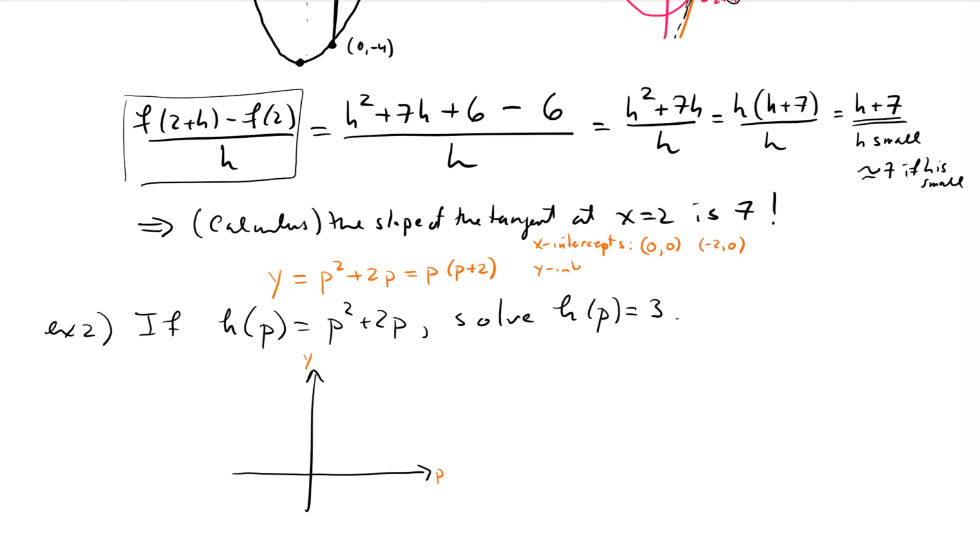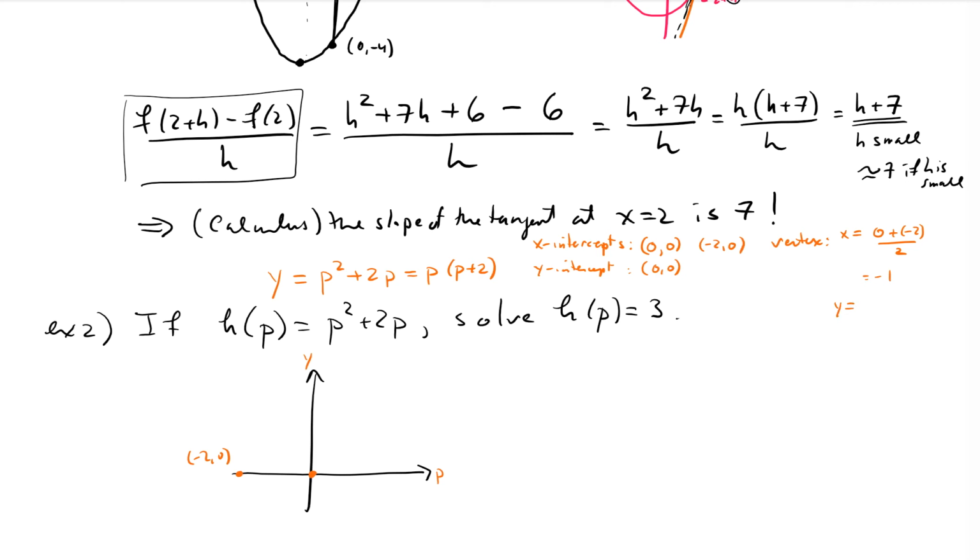The y-intercept is easy. When you replace p by 0, you get 0 for y. So 0, 0, the origin, is both an x and a y-intercept. Minus 2, 0 is the other x-intercept. After that, you've got the vertex. What's the vertex? Well, the x-coordinate is going to be halfway between the x-coordinates of your intercepts, so it's going to be minus 1.